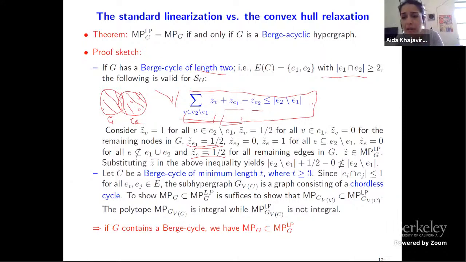So now you assume that, okay, there is a Berge cycle of minimum length, which is at least 3. So I cannot have Berge cycles of length 2. That already simplifies things quite a bit, because when you say there is no Berge cycle of length 2, you mean that all the intersections of the edges should be at most 1 node.